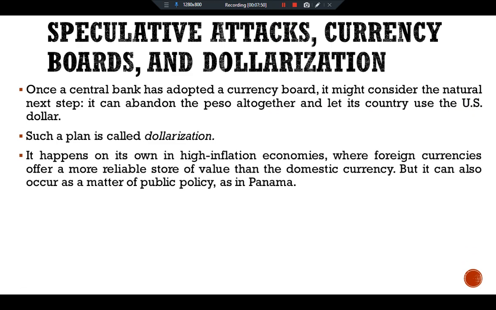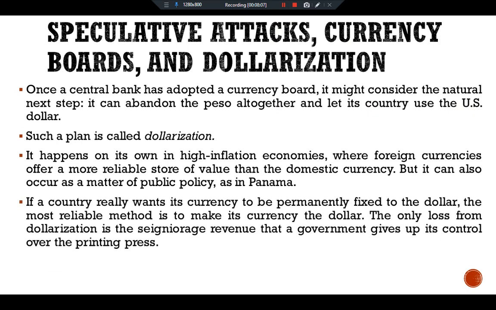It happens on its own in a high inflation economy where foreign currencies offer a more reliable store of value than the domestic currency, but it can also occur as a matter of public policy, as in Panama. If a country really wants its currency to be permanently fixed to the dollar, the most reliable method is to make its currency the dollar.